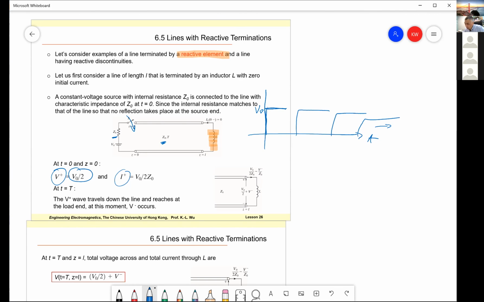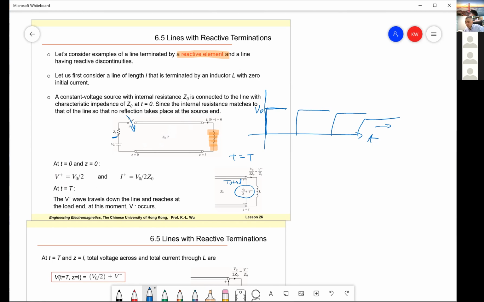Now after time T, at t equal to T, the wave has reached the end.